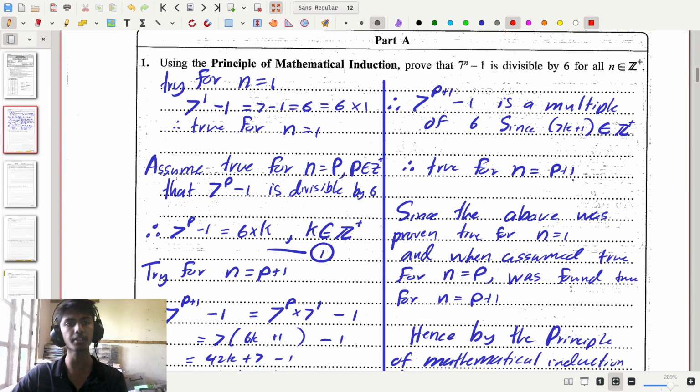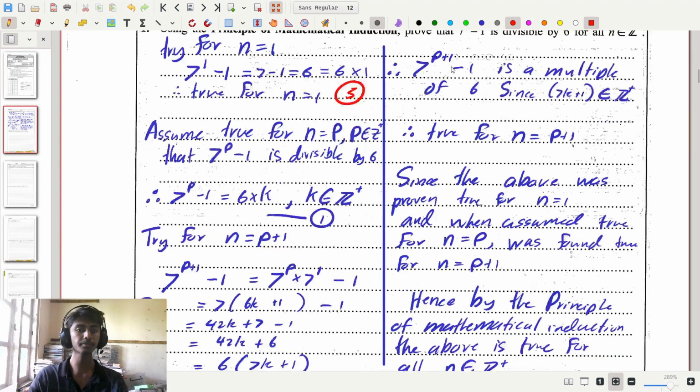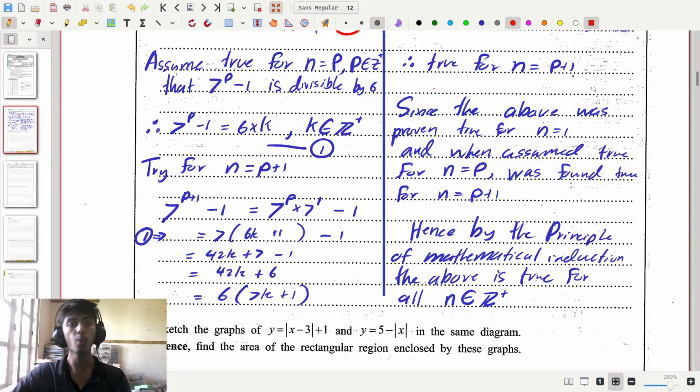So at the start, when you try for the base case, which is the n equals 1 case, and you substitute 7 to the power of 1 minus 1, which is 7 minus 1, which is 6, and if you write it as 6 times 1, and you say therefore true for n equals 1, you get 5 marks for that. Now after this, when you assume true for n equals p, where p is some element of the positive integers, such that 7 to the power of p minus 1 is divisible by 6, for this statement, you get 5 marks.